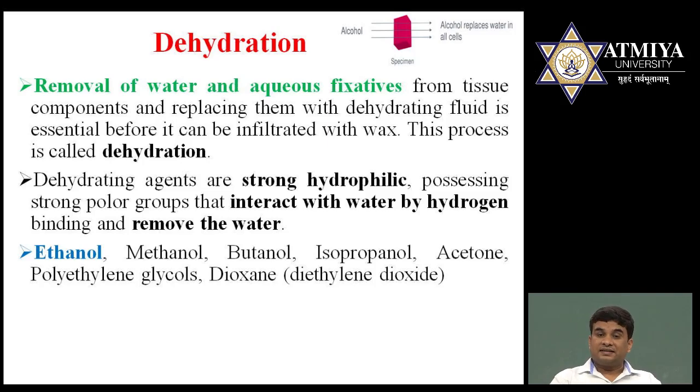You should process in increasing concentrations of alcohol. Start from 70%, then 80%, 90%, and finally process under 100% alcohol, because if you suddenly use 100% alcohol, it will distort the structure of the tissue. So always proceed slowly, with increasing concentrations of alcohol.